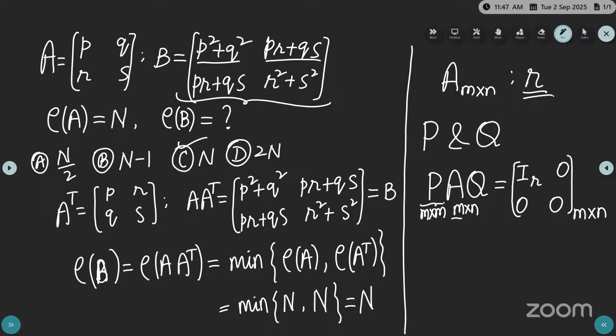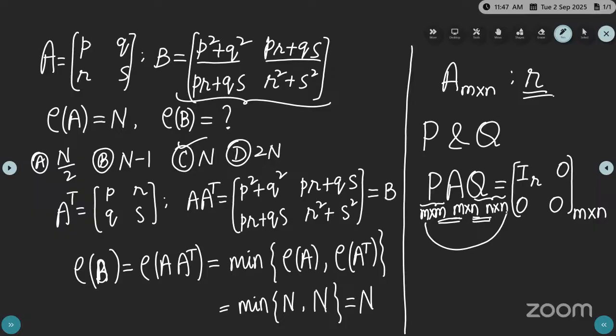What about Q? It is n, so Q is a non-singular matrix of order n by n. After multiplying these, the final order is the same as m by n. Note it.